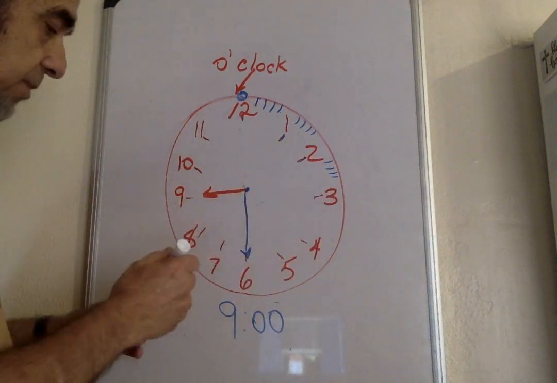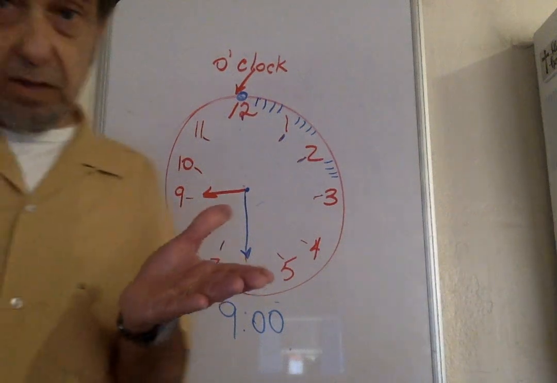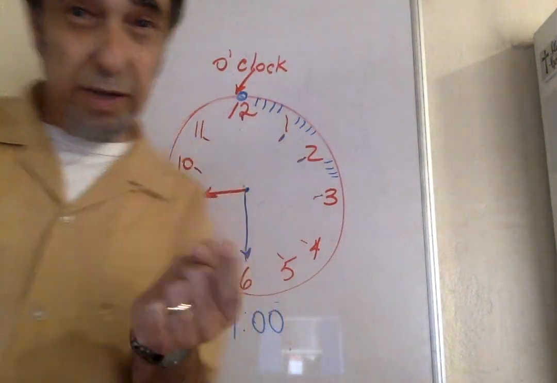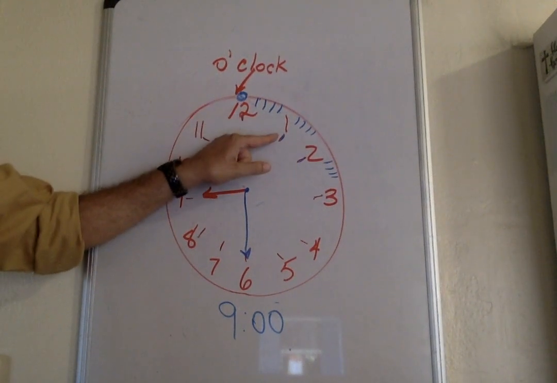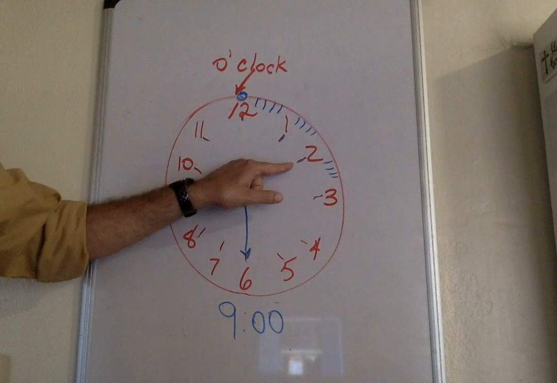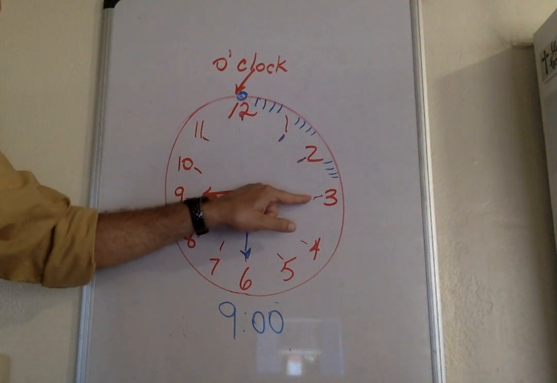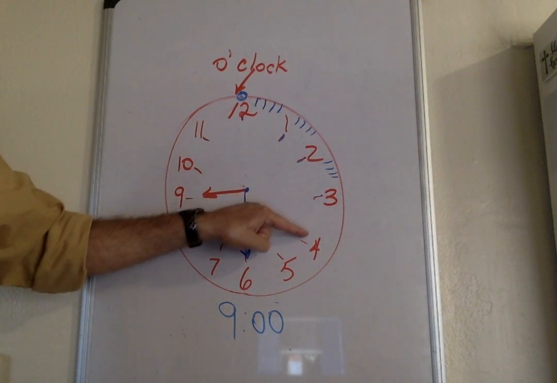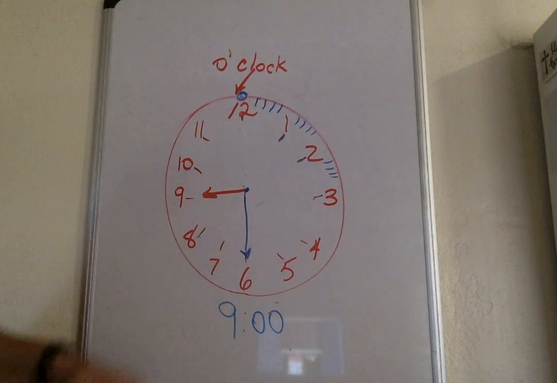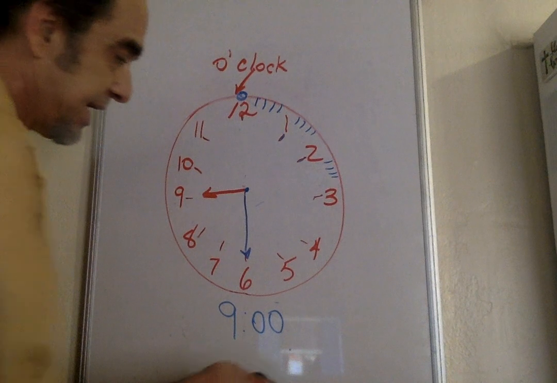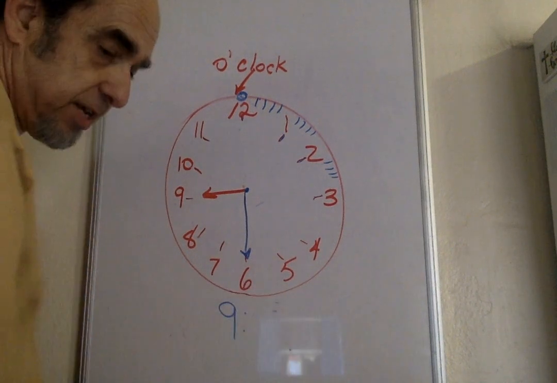Well, you count how many minutes after the 12 it is. So, this is 5, 10, 15, 20, 25, 30. So this becomes 9:30.